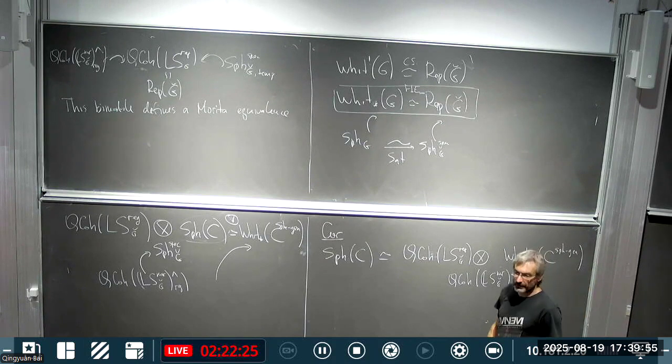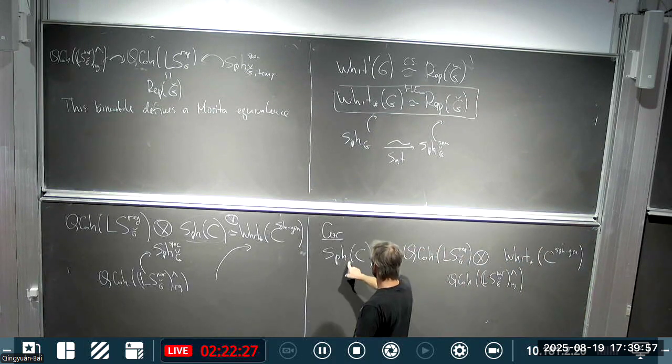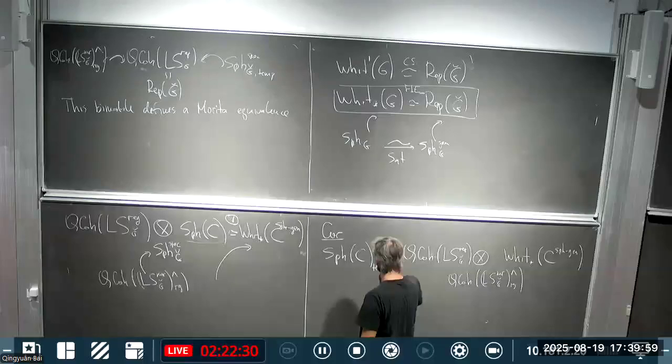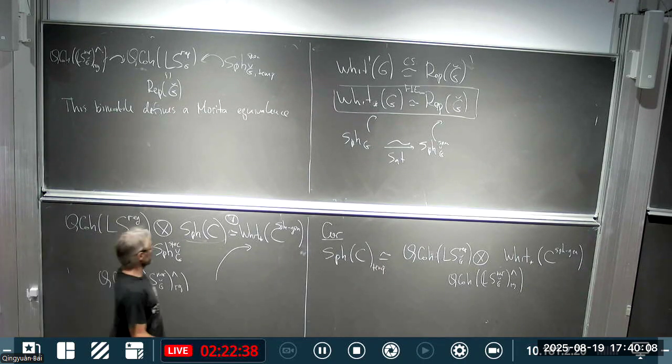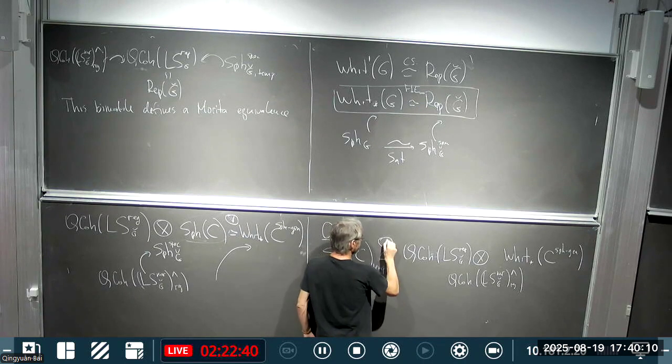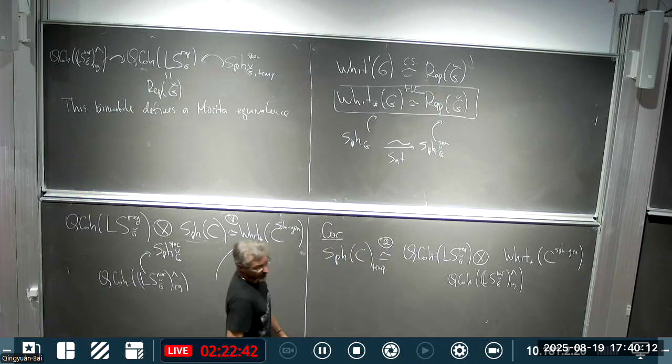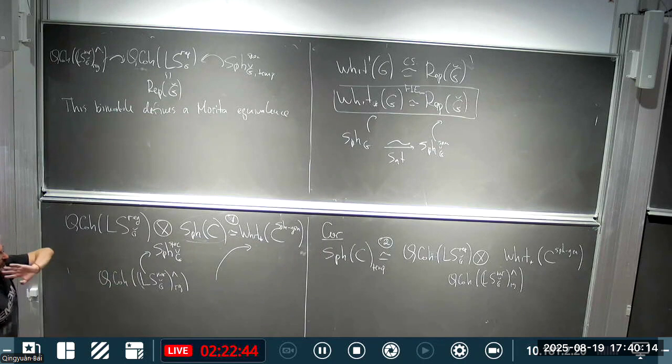This is not entirely correct, and the correction is that it's not this, but temp. Temp is introduced here. Let me denote this isomorphism 2. And I claim that we are almost at the FLE, modulo something.